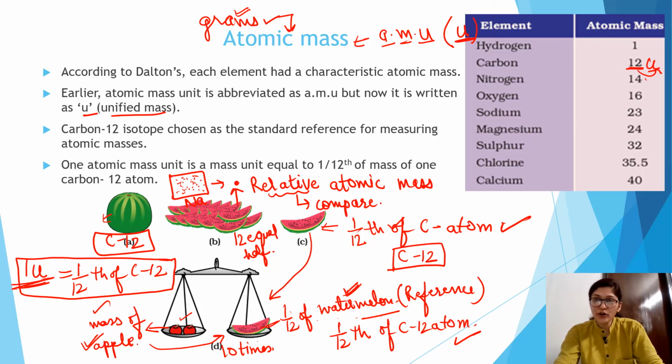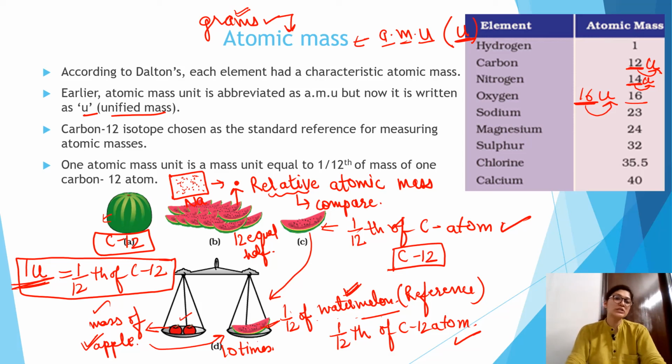If I say 14u, then nitrogen is 14 times heavier than 1 by 12th of carbon 12. If I say 16u, then oxygen is 16 times heavier than u. And u is nothing but 1 by 12th of C12.